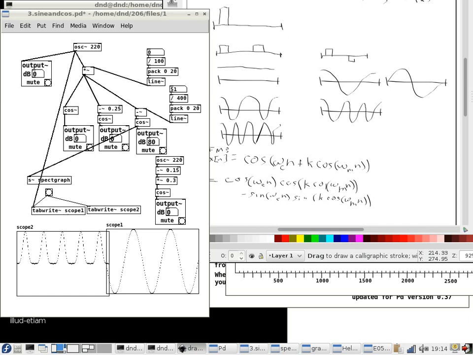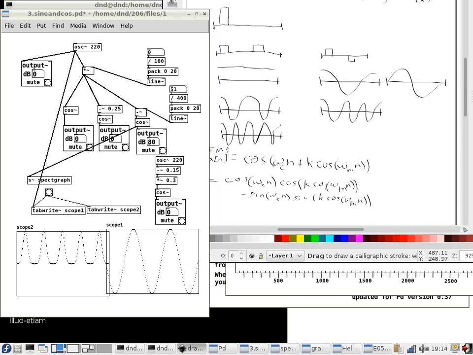These are going to be odd multiples of omega m plus or minus omega c. And so this and this are different harmonics, but if you put them all together, you get all the harmonics, which are multiples of omega m plus or minus omega c.